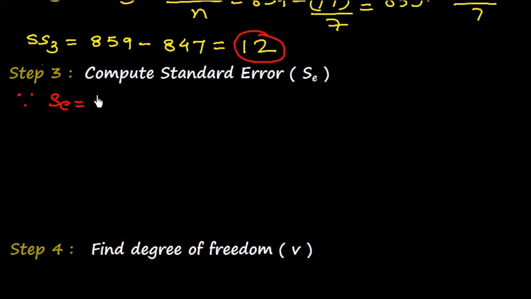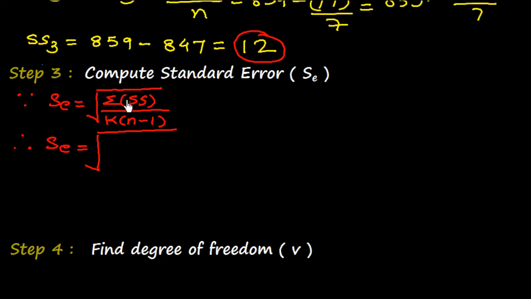AC is equal to square root of summation of SS over k into n minus 1. So I put down the values here. AC is equal to summation of SS.